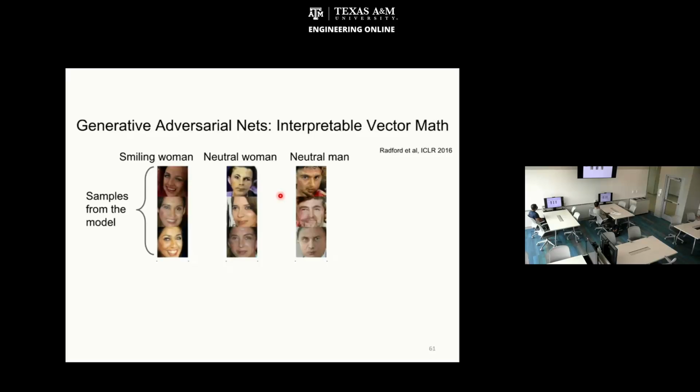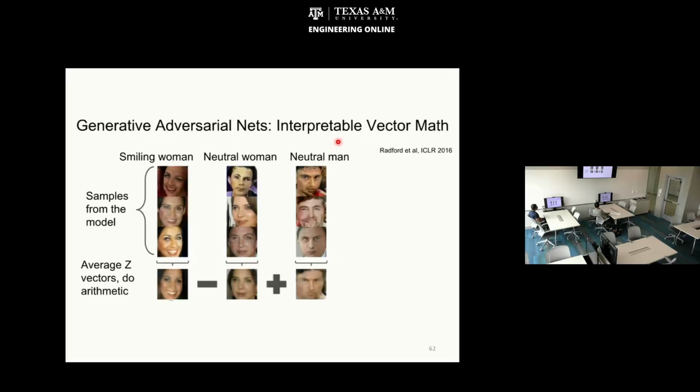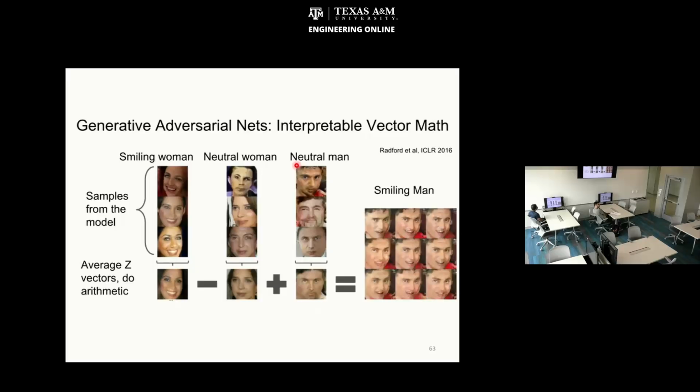And then you have images of neutral men, right? So if you train your models, you can get the latent representation of the smiling woman versus the neutral woman, and you take the difference between the two, and that is like a vector for smile, right? And then if you put that vector on top of the latent vector of a neutral man, and then decode or generate back to the image, what you get is a smiling man, right?